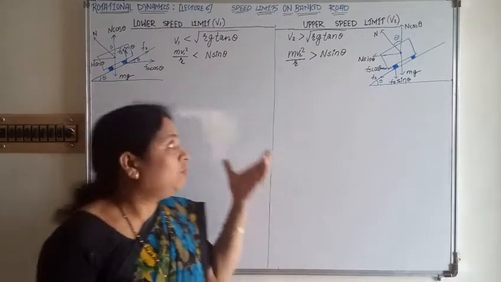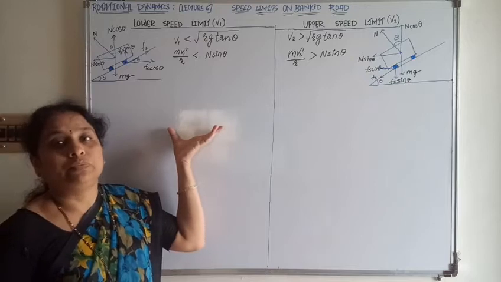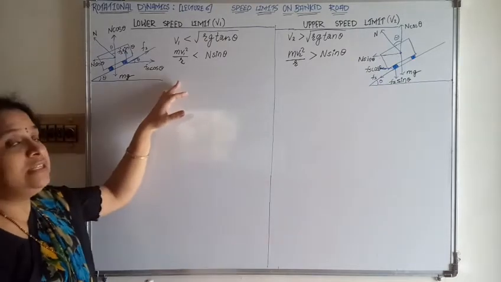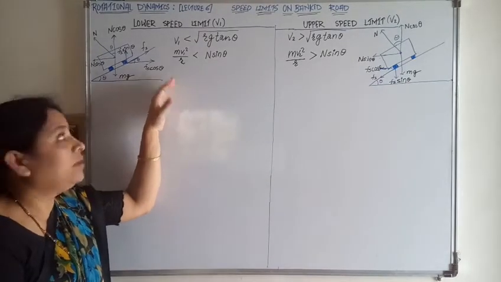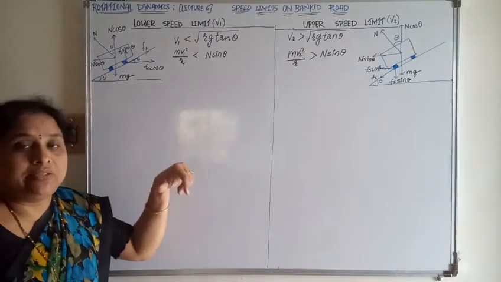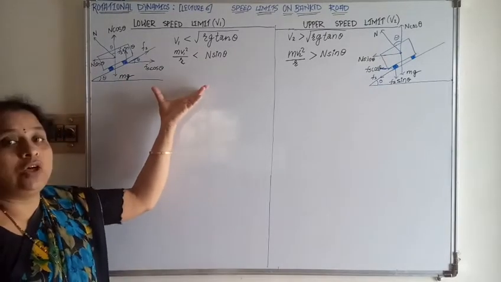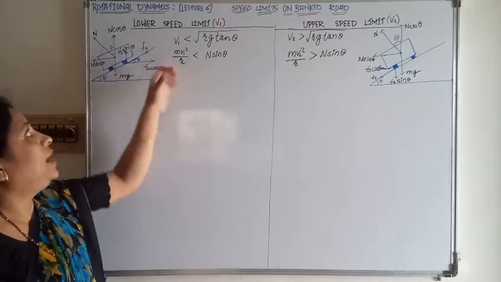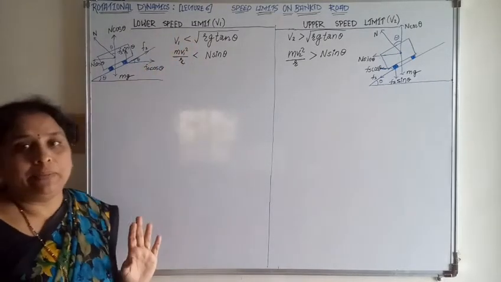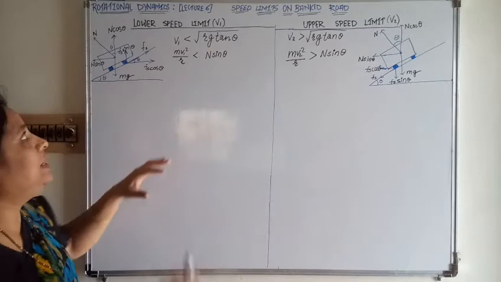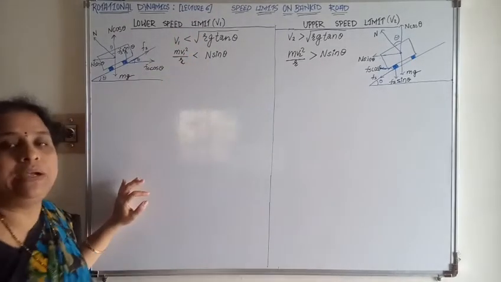But here we consider the frictional force also. Now the frictional force helps along with the n sin theta, and we see here the role of frictional force and we find the lower speed limit. Now first we find the lower speed limit. Suppose we consider the lower speed limit is V1.